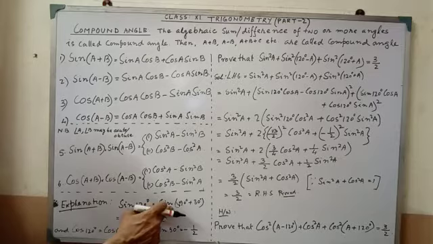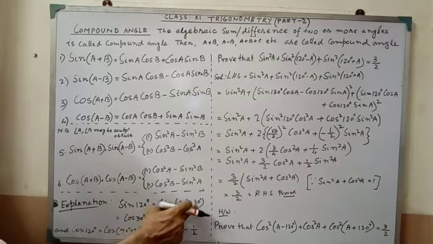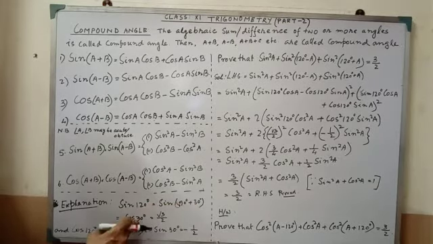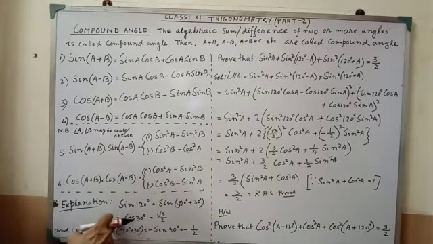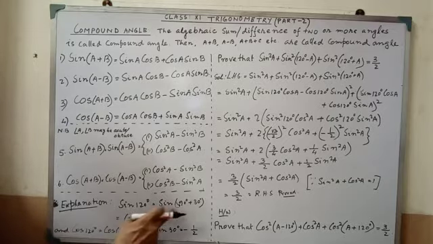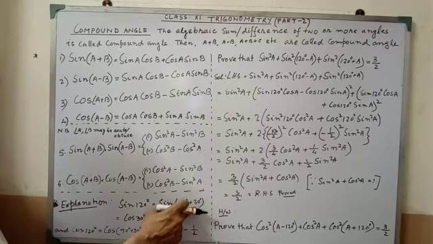So here sine will be cos and here is 30. Now the question is whether it will be plus or minus. Plus or minus depends on the quadrant, that is, after rotation, in which quadrant it comes in the final position. 90 degree plus 30 degree comes in the second quadrant.